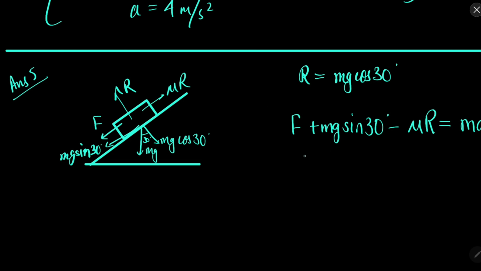So F is given as 4, then m is 4, g sin 30 degree is 2, 1 by 2 that is, minus mu, which is given from the previous question as 0.11, R is mg cos 30 degree, so 4g cos 30 degree is root 3 by 2, equal to 4a.